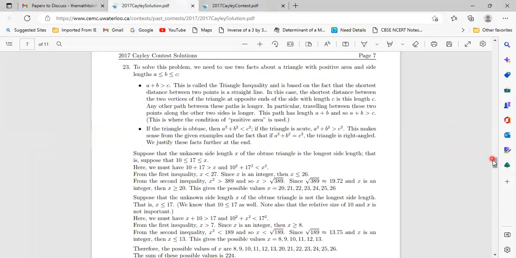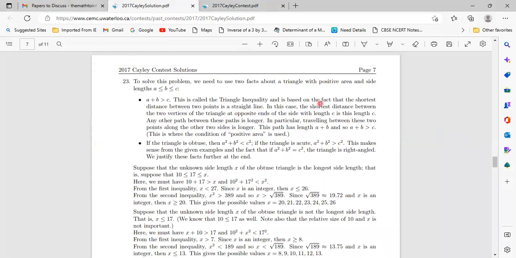So for solving this problem, we are going to use a concept called triangle inequality. Do you have any idea about triangle inequality? Yeah, any two sides of a triangle, if you add them together, it has to be bigger than the third side.